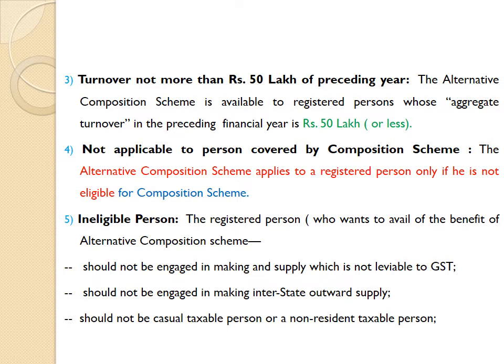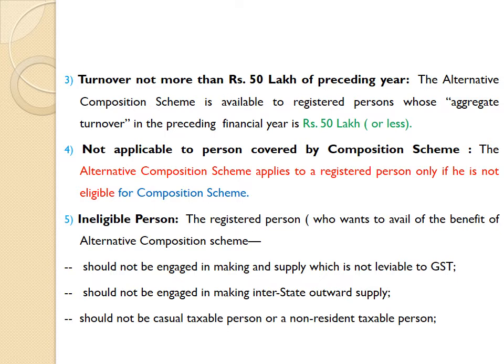The alternative composition scheme applies to a registered person only if he is not eligible for the composition scheme. It means that only any one composition scheme shall be selected by the taxpayer on the basis of their turnover.